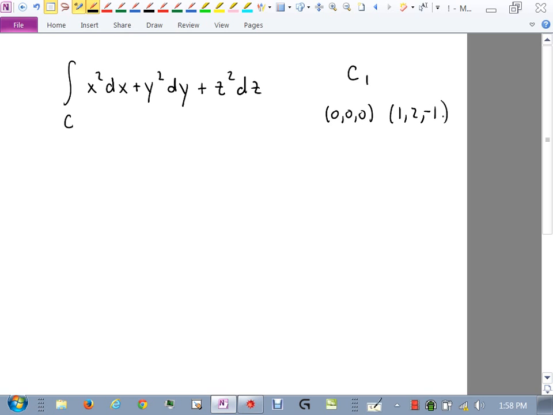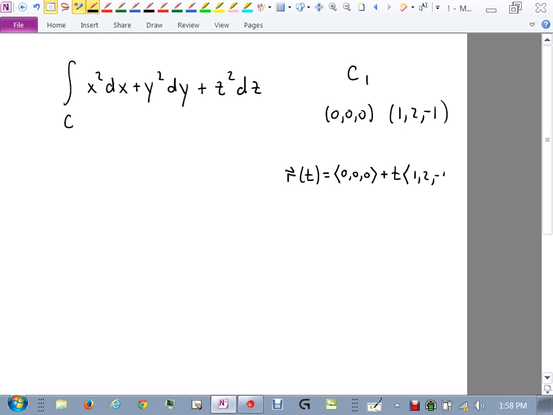Now, I'm not going to try and draw that line segment because it's in three-dimensional space. And we already know that drawing in 3D is a little weird, right? So can you just tell me what the vector function is that draws that line segment? Well, where does it start? 0, 0, 0? What's the direction of that line?